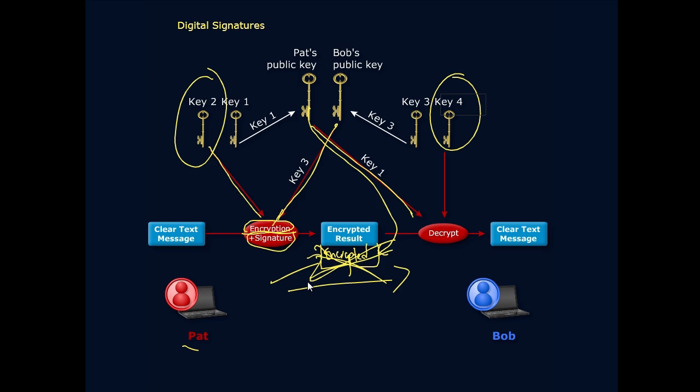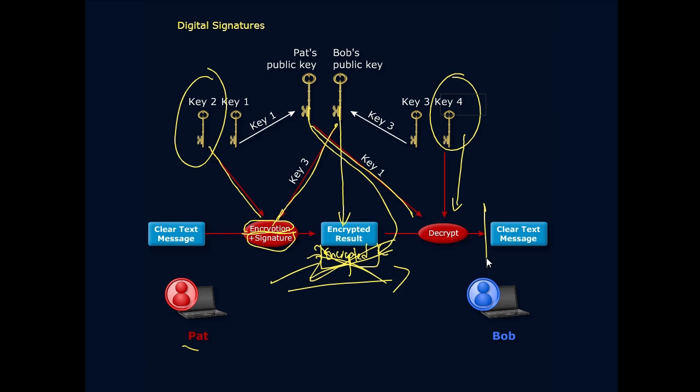Now, Pat used this level of encryption. She used Bob's public key to do the encryption. So this is this layer of encryption. And this can only be decrypted by Bob's private key. So now we have a clear text message by using both pairs of keys, both key pairs. One for the signature.